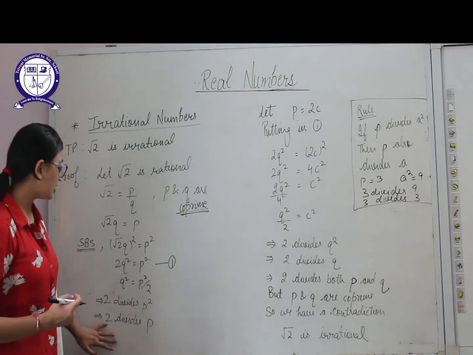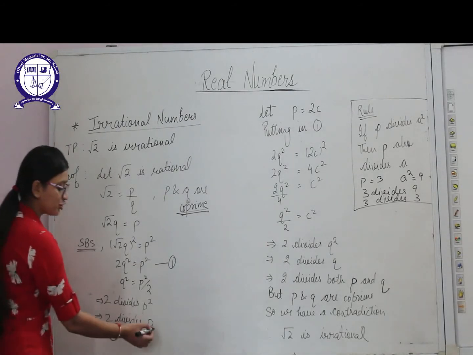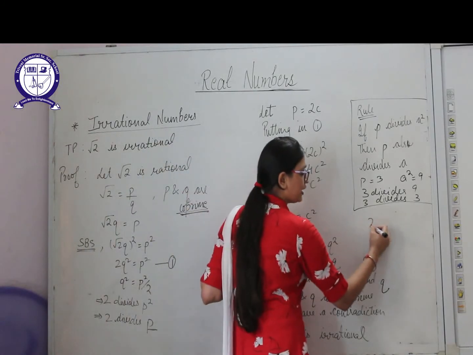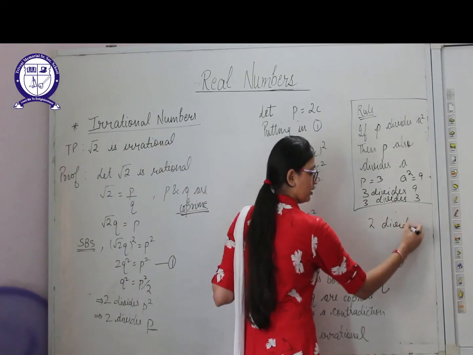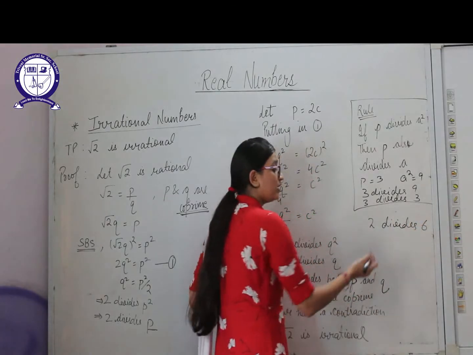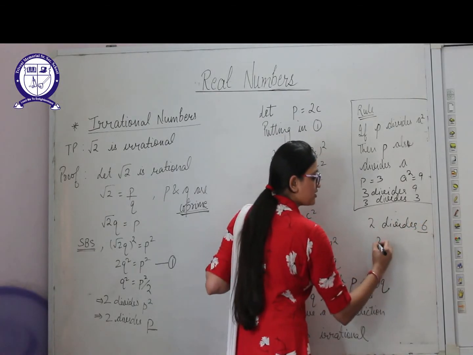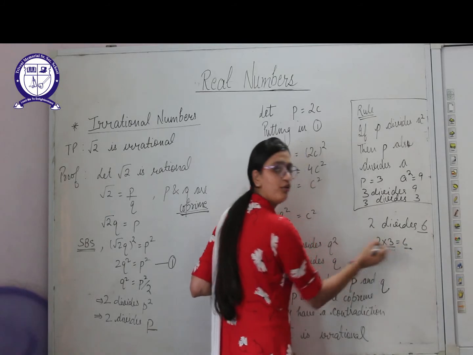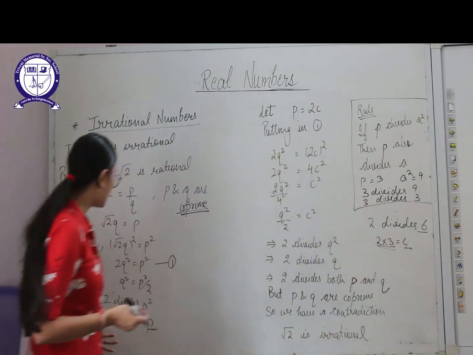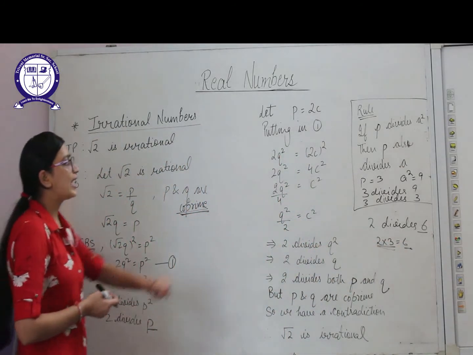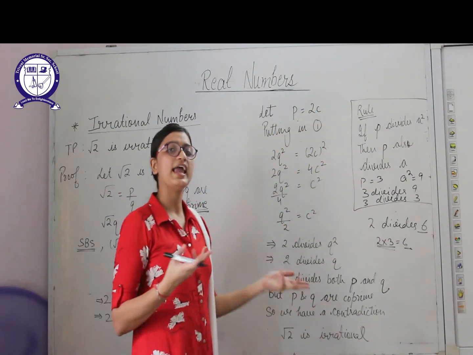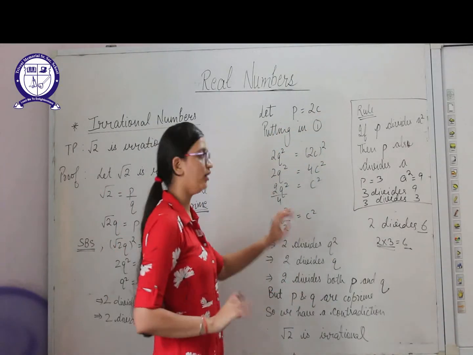If 2 divides p, then p should be a multiple of 2. Suppose I say 4, 2 divides 4, or 6. 6 can be written as 2 into 3, so 6 is a multiple of 2. Similarly, if 2 divides p, then p can be written as 2 into c, where c is any number of your choice.